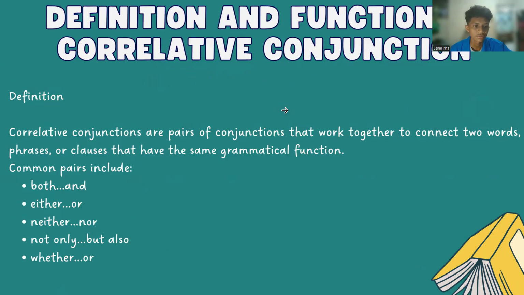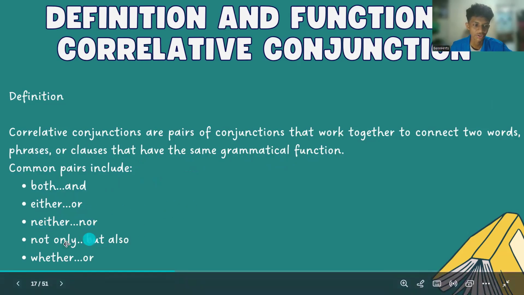The definition is, correlative conjunctions are pairs of conjunctions that work together to connect two words, phrases, or clauses that have the same grammatical function. Common pairs include both and, either or, neither nor, not only but also, whether or.